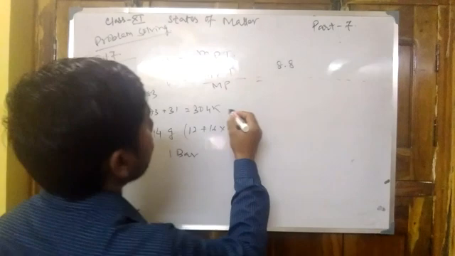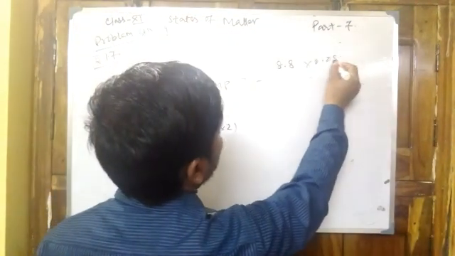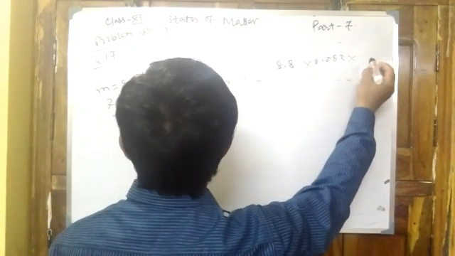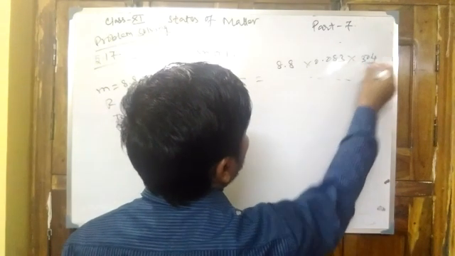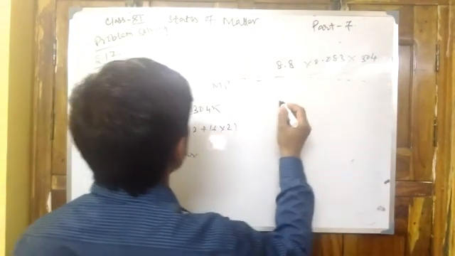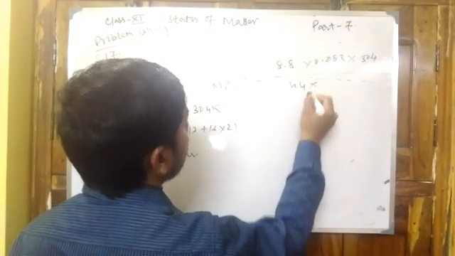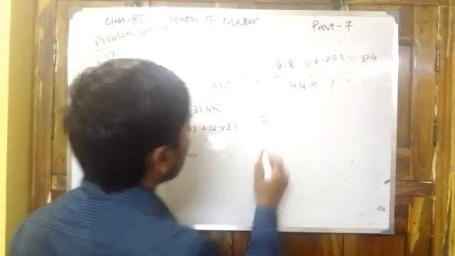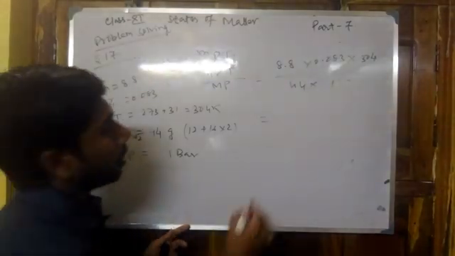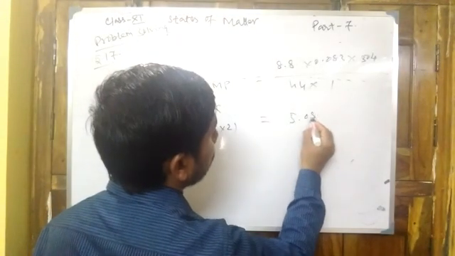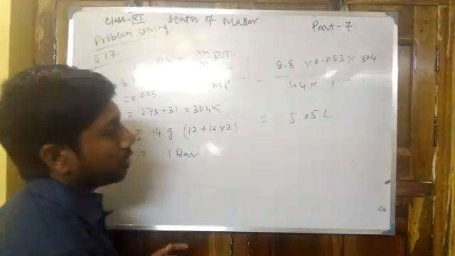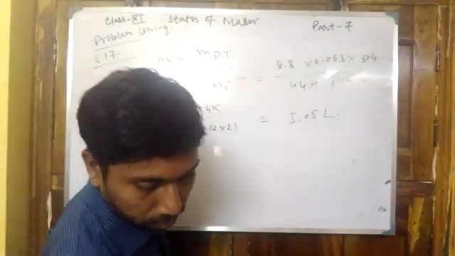Now put the values: m equal to 8.8, R equal to 0.083, T equal to 304 K. Always remember you have to put the data in the Kelvin scale. M equal to 44 and P equal to 1. Now by simplifying this we find the value of 5.05 liter.